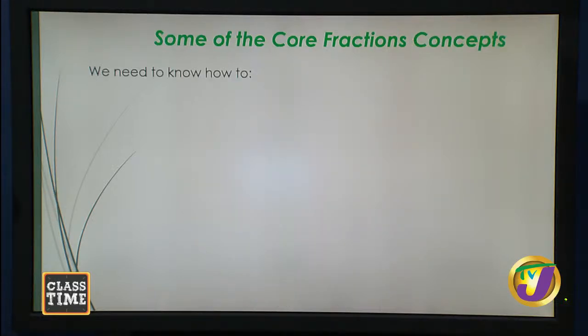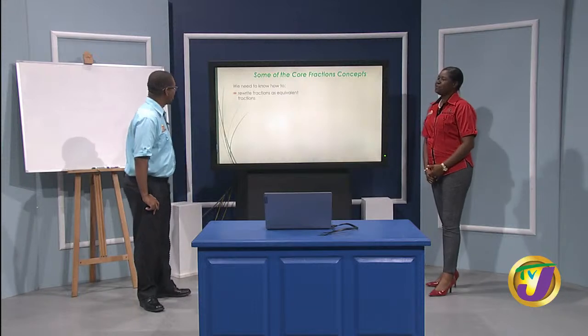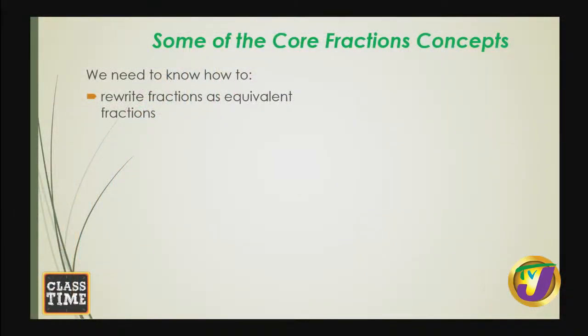Okay, so let us look at some of the core fractions concepts that you would need to know. Firstly, you would need to know how to rewrite fractions as equivalent fractions. We're looking at these 2 examples. Firstly, we're going to be reducing the first fraction to an equivalent fraction in the lowest terms. An equivalent fraction means what?